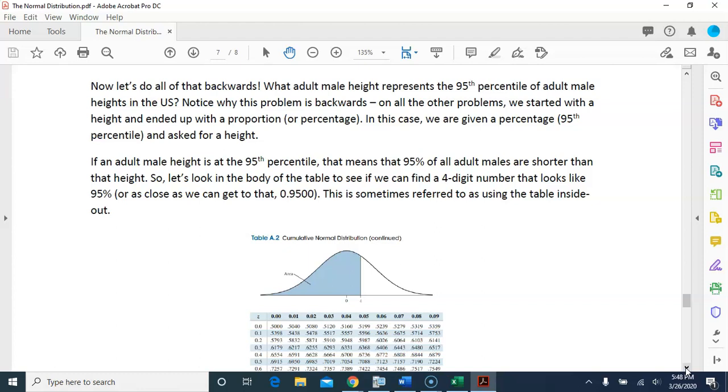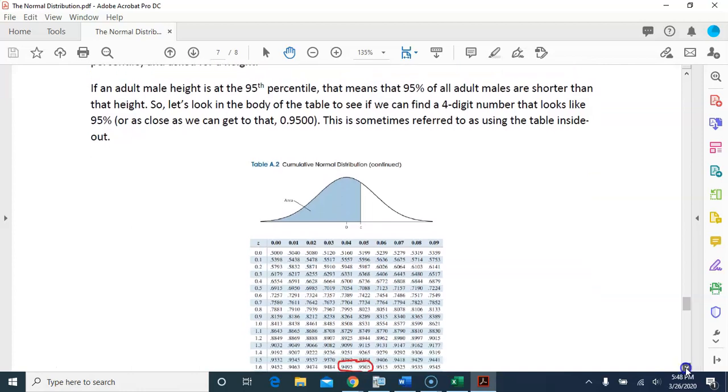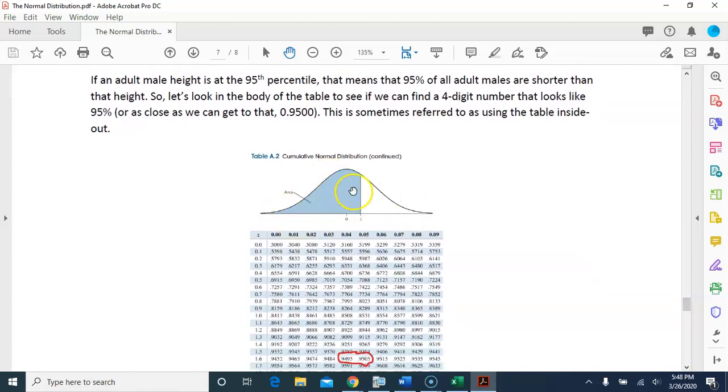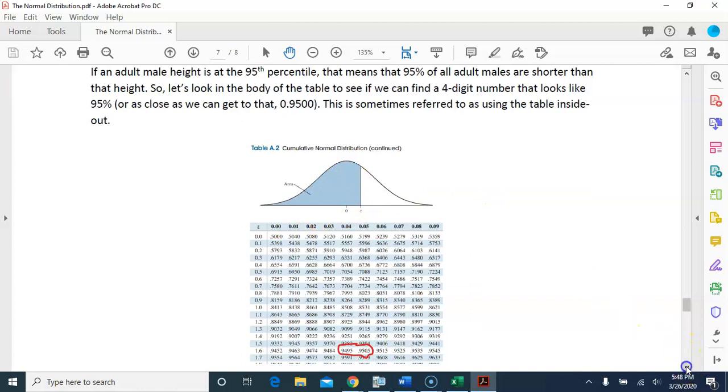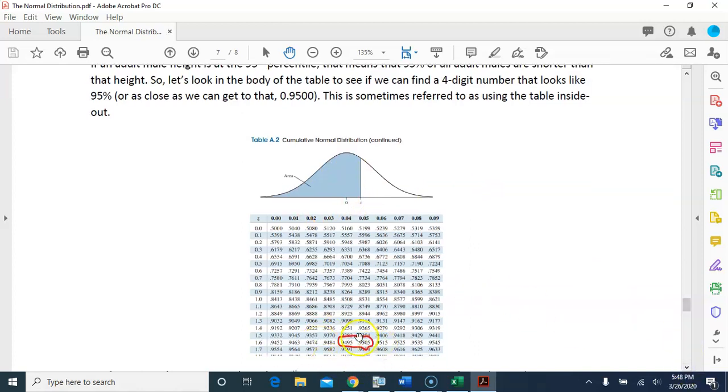So 95th percentile means that 95% of the data is below you, so we first need to figure out what z-score has 95% of the normal curve below it. So this is kind of using the table inside out. And right in here is the closest you're going to find in the interior of the table to getting 0.95 exactly. So this corresponds to a z-score of either 1.64 or 1.65.